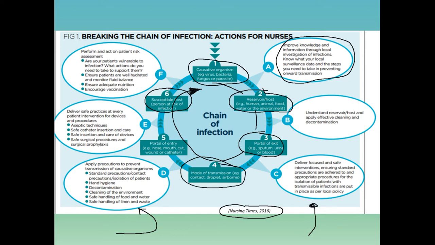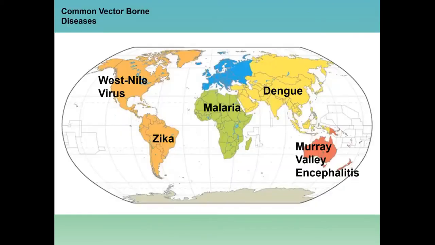But what I would hope that you can do is to explain how certain diseases are transmitted by vectors. Here are some examples from the world, and I thought it was quite a nice graphic that I created that shows you the different vector-borne diseases, which mainly occur in subtropical regions where mosquitoes are prevalent, in hot, humid, moist conditions.